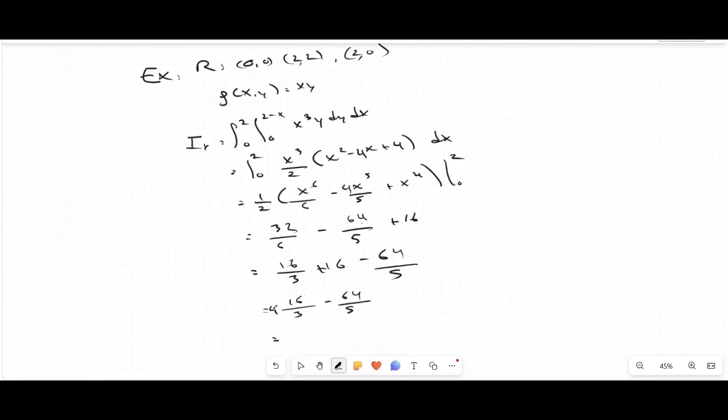Okay, 4 times 16 is 64. So I get 64 times 1/3 minus 1/5, which is 2/15. This is still not correct.